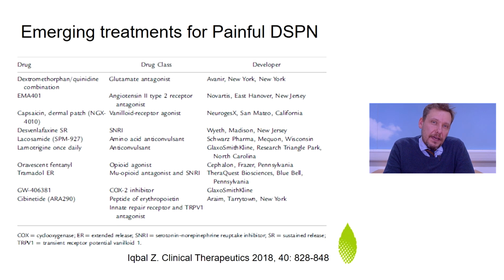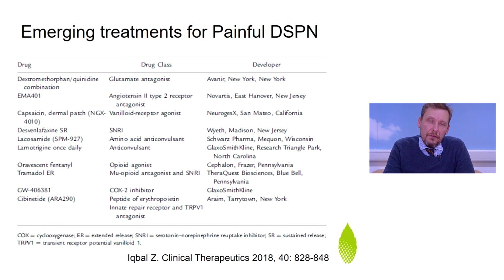And I think it's fair to say really that progress in this area and in neuropathy research in general has been a challenge over the last 20 to 30 years.